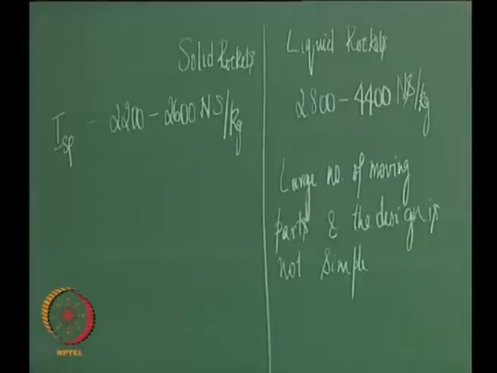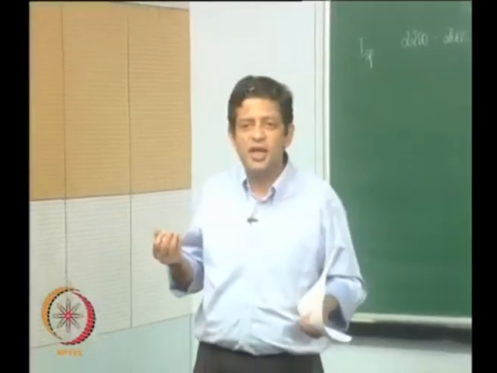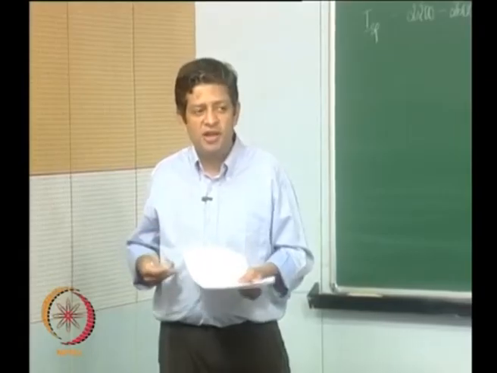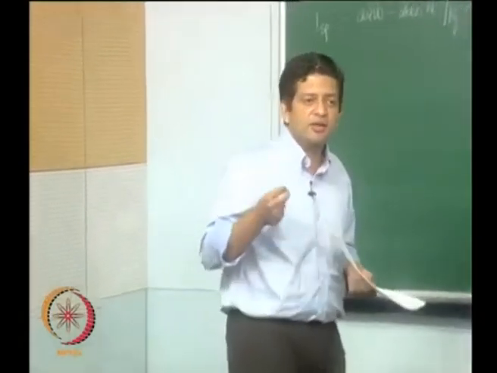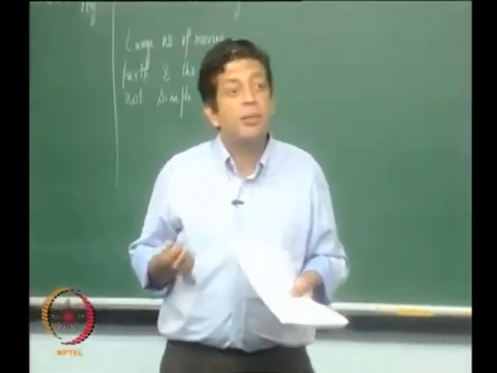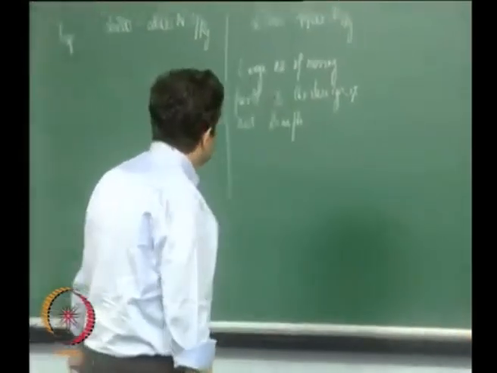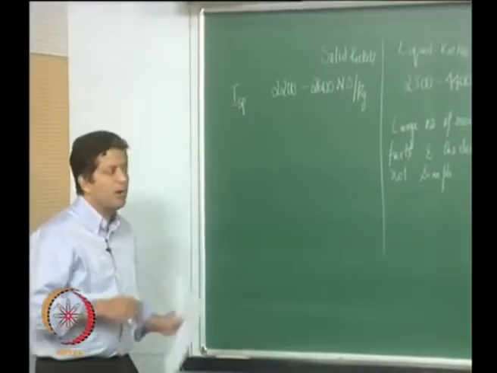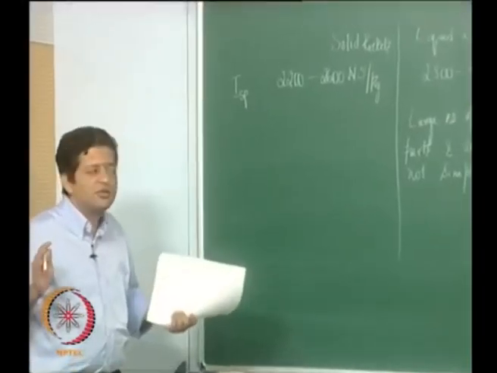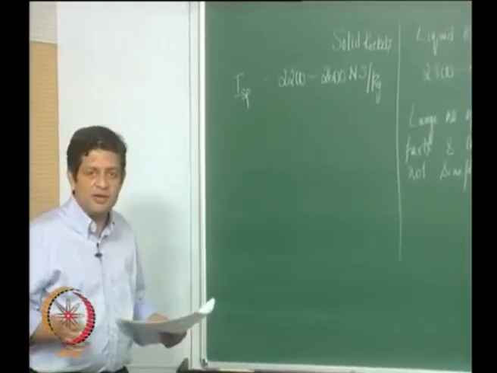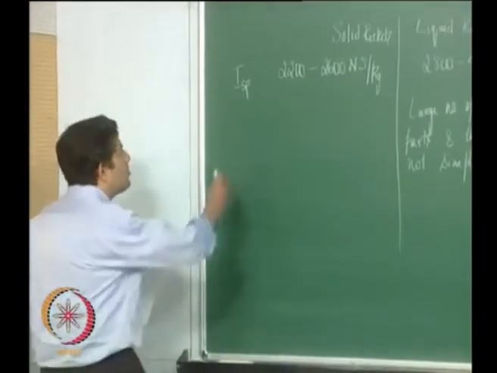And we also said that it requires a lot of manufacturing capabilities to make a liquid rocket motor, because you need various manufacturing abilities like drilling very small holes and then removing the burrs and other things, which is sometimes not very easy. Whereas if you look at a solid rocket motor, once you load the fuel and oxidizer, the design looks very, very simple, right?